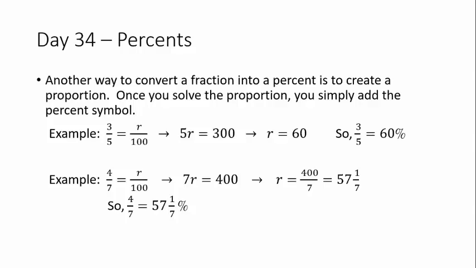We cross multiply to solve the proportion as we talked about earlier. We have 5r equals 300, and we divide both sides by 5, and we get r equals 60. So 3/5 is equal to 60%. Don't forget to add your percent sign after you've completed the process here.